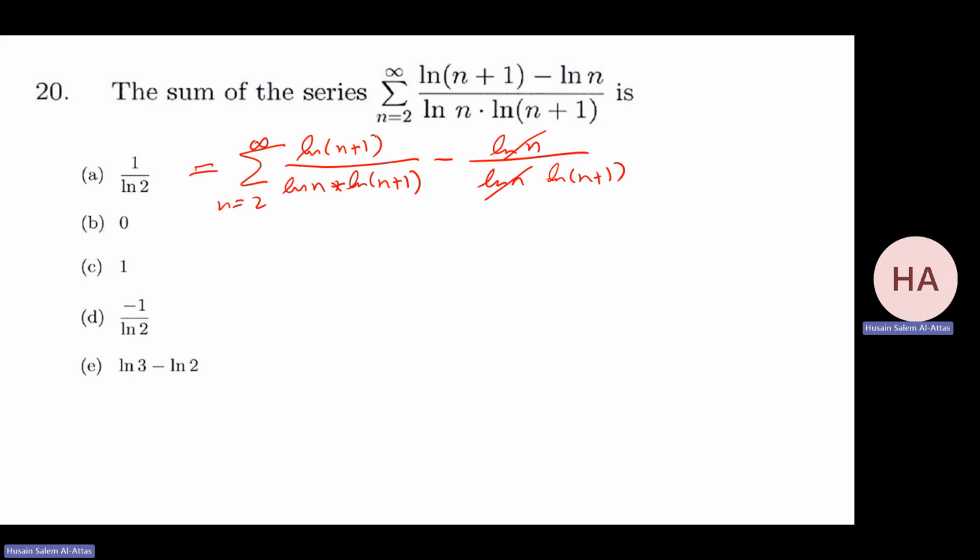This is cancelled and this is cancelled. So actually I have summation n equal 2 to infinity of 1 over ln n minus 1 over ln n plus 1. I need to deal with this, and this will be telescopic.